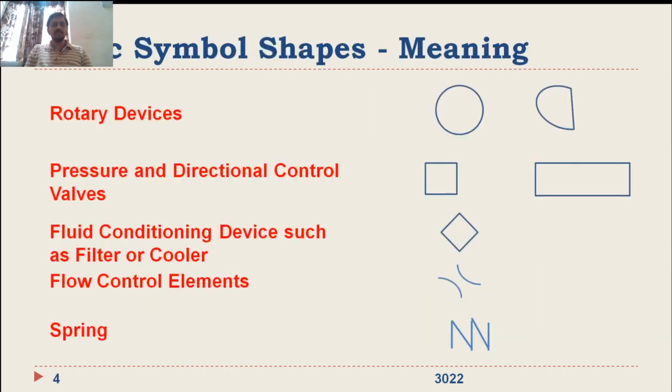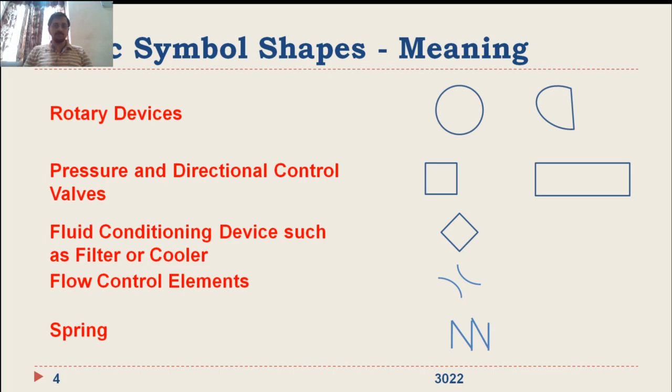Basically, these shapes are added or subtracted in the drawings in order to get the different symbols. A circle or semicircle is used, for example, for rotary devices. From the shape itself, we can see it is a rotary device. Pump, compressor, motor, all these things could be represented using a circle. Then valves are usually represented by a square or rectangle.